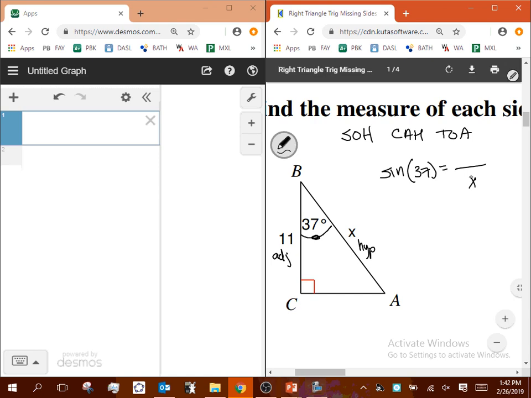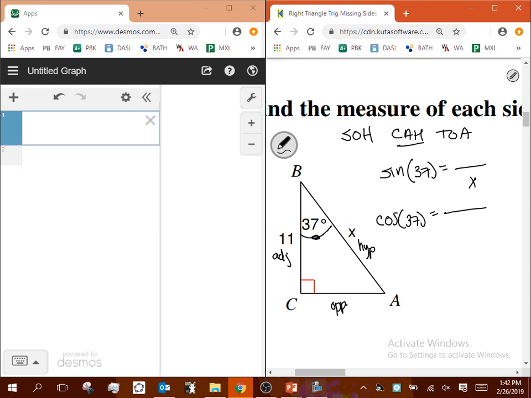Okay. So then, working on that one, cosine of 37, that's adjacent. So adjacent would be 11, and hypotenuse would be x. Does that one fill in all the parts? Yes. So that one, because it fills in all the parts, and only one of those parts is a variable, that one's something we can solve. Okay. Let's look at tangent.